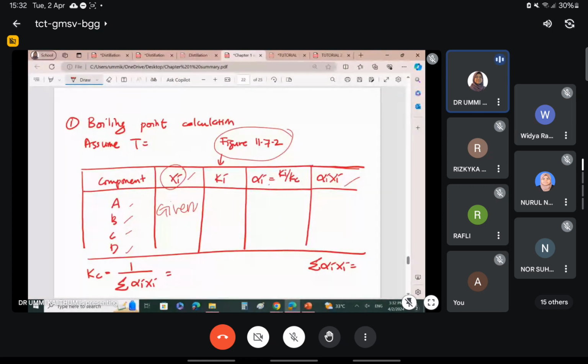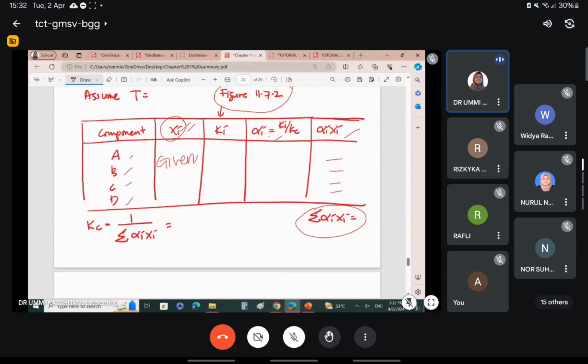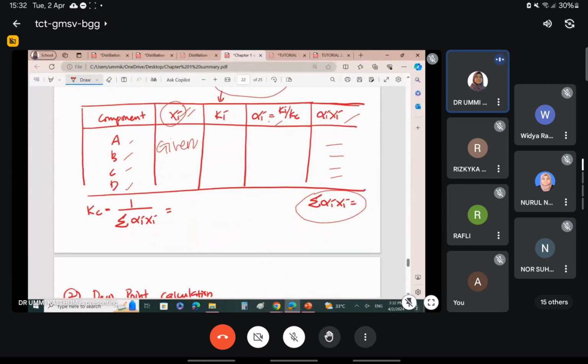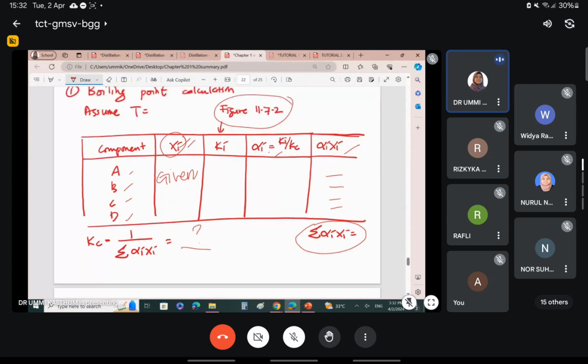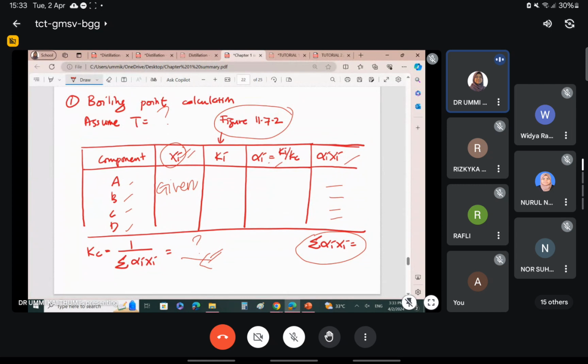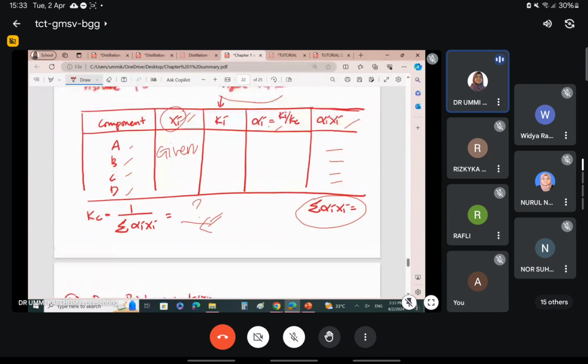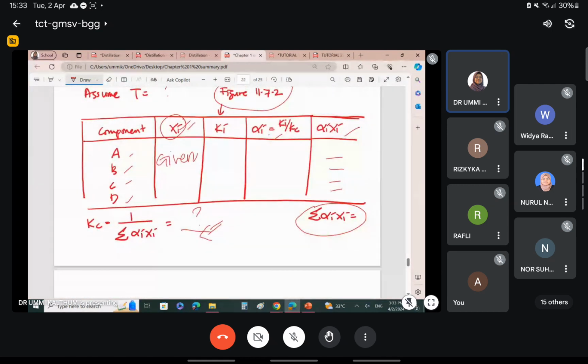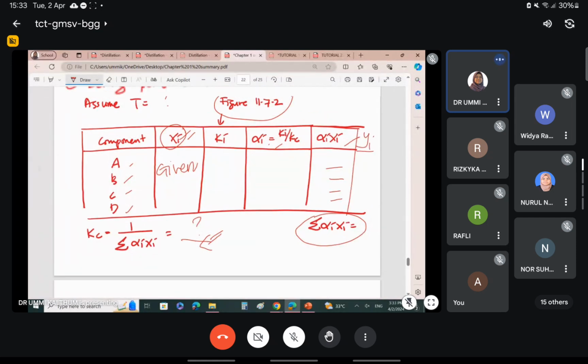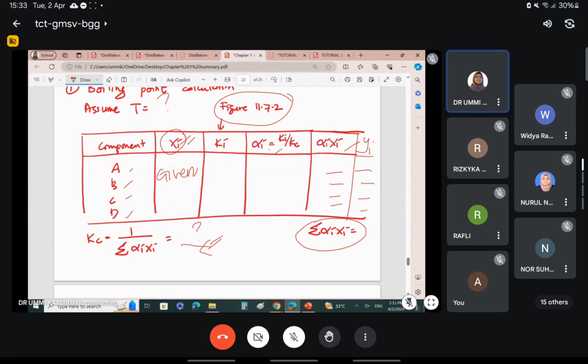So cari the summation of alpha i xi. So cari the value of Kc, and then tengok balik figure at this value sama tak dengan temperature yang awak assume. If sama, baru boleh cari yi.